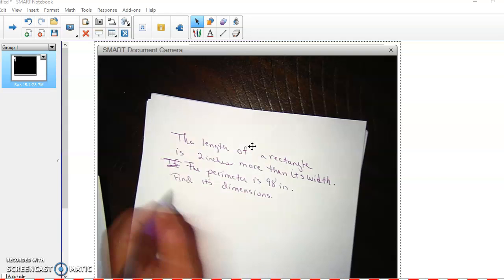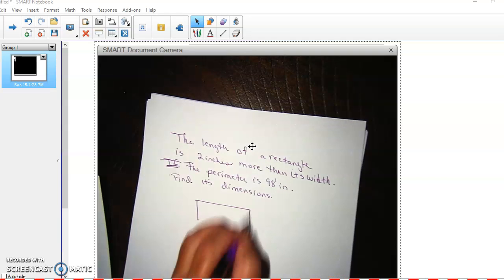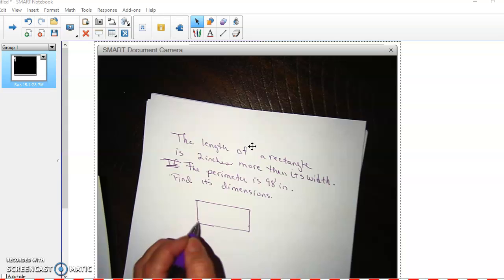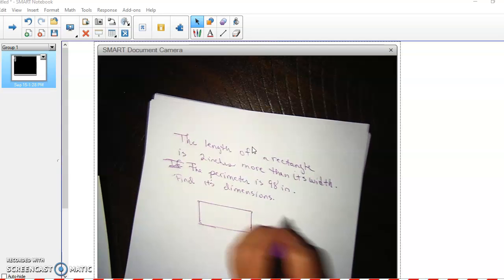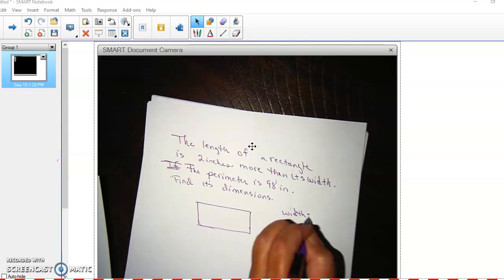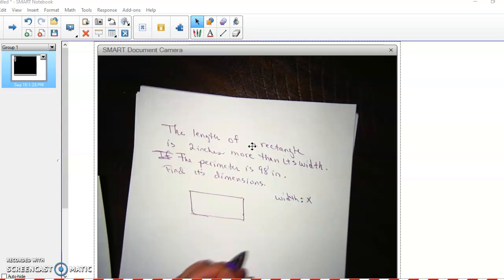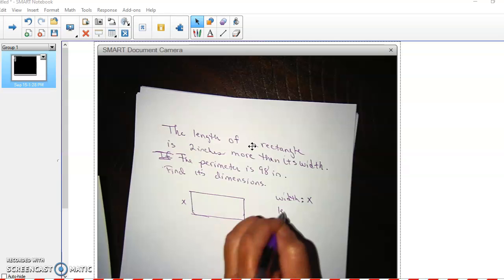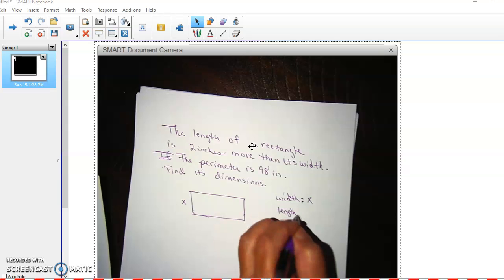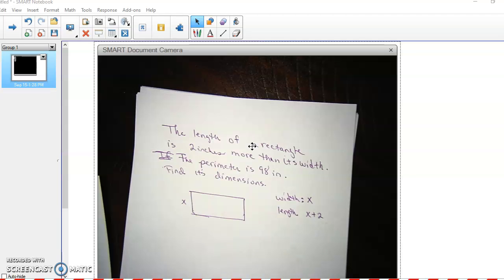So, here's our rectangle. We're saying the length of a rectangle is 2 inches more than its width. Well, we don't know the width, right? So we're going to identify it as x. If the length is 2 inches more than that, then that has to be x plus 2.